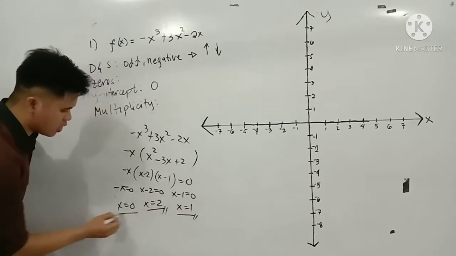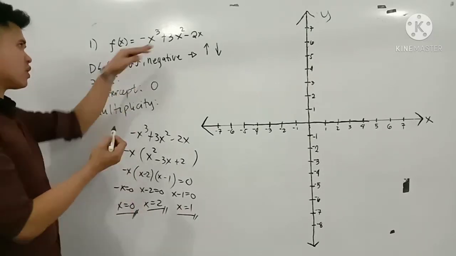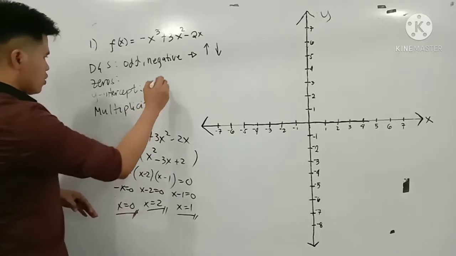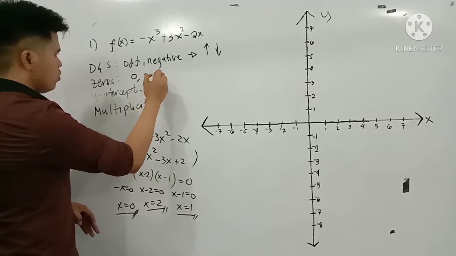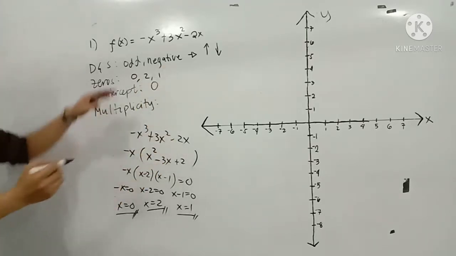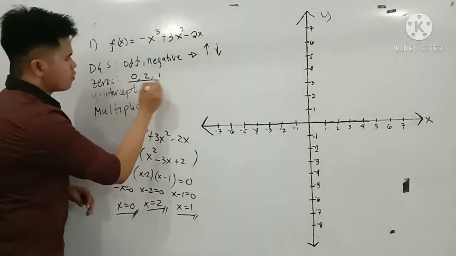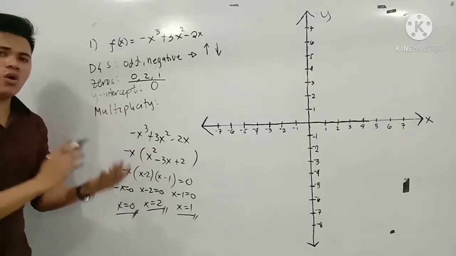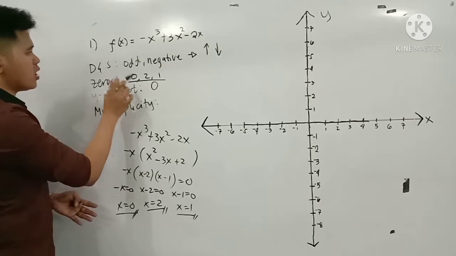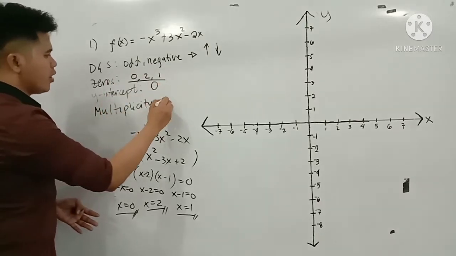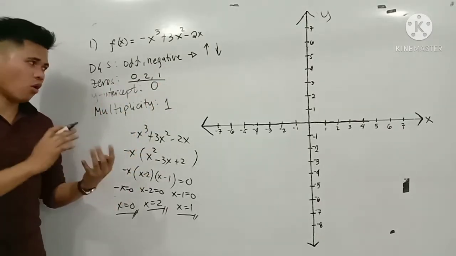So these are the zeros or the x-intercepts of this given polynomial function. Then look, there are no repeating zeros. Therefore, we can say the multiplicity of the zeros is simply 1. They are all 1.